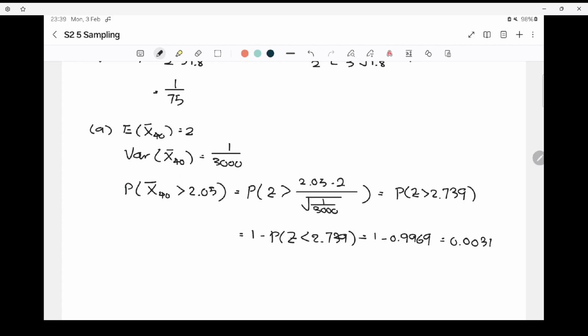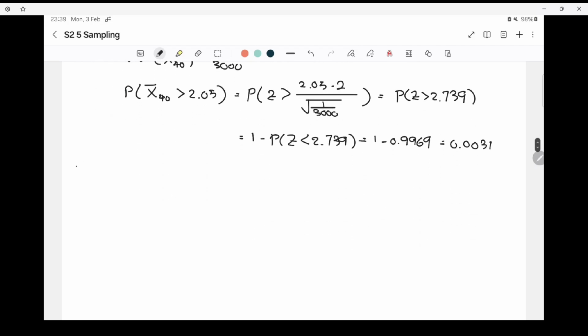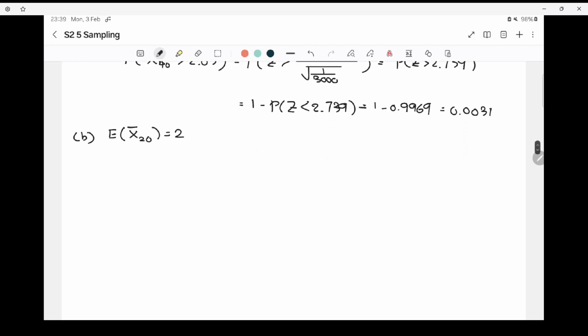That is part A. So part B is 20 samples, but this time it is smaller than 2.05. So the expected value of x bar 20 will be 2, the same thing, but the variance would be 1 over 75 divided by 20, so it's 1 over 1500.